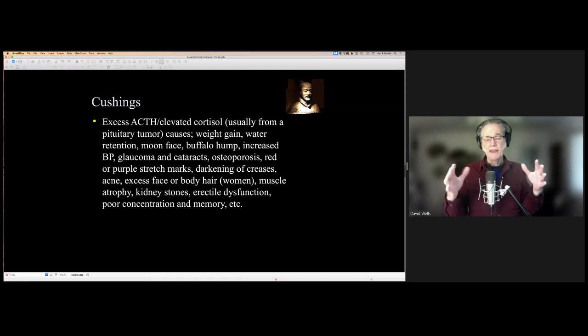Anyway, if you see those signs like the round face, you touch up here, the spinous process of T1, and you feel it's squishy with fat, you feel above the collarbones, you can't see the collarbones because it's filled in with fat right in there.